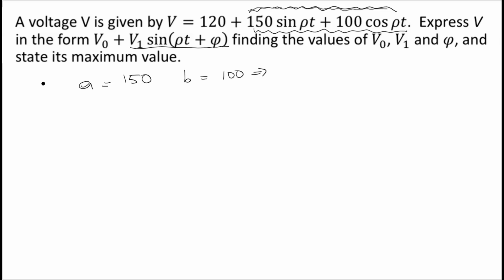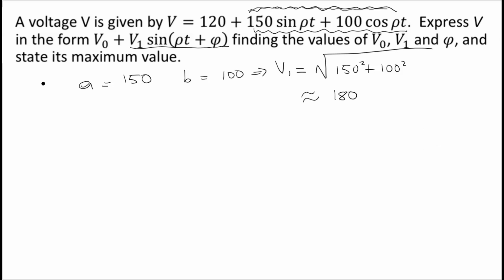Now we can already see that for this specific example we're not going to call it r, it's got a name, it's v1, but it's worked out the same way. It's going to be the square root of 150 squared plus 100 squared, which is approximately 180.